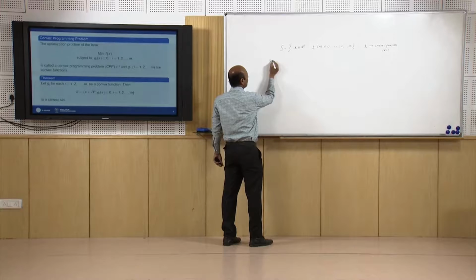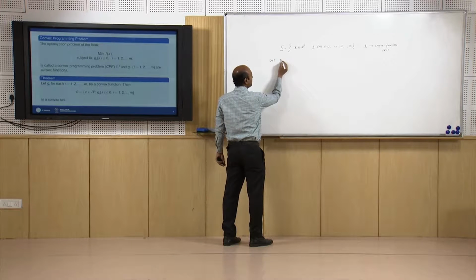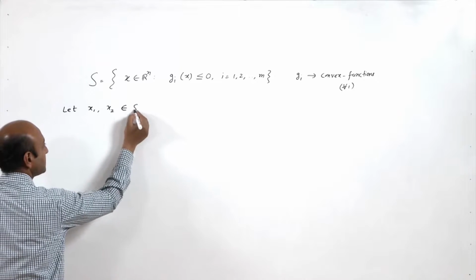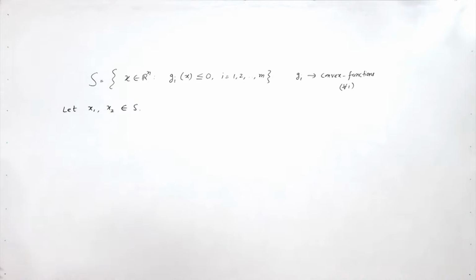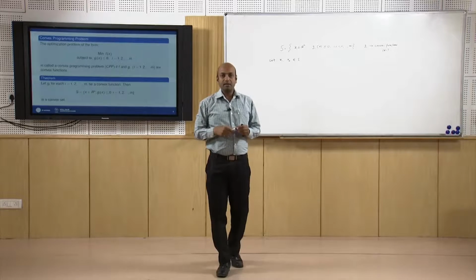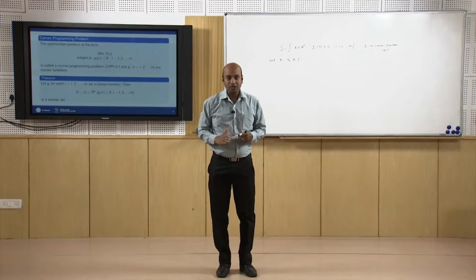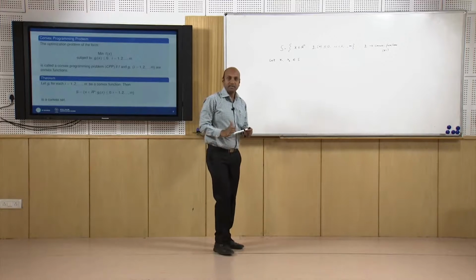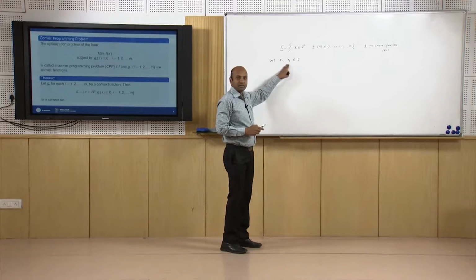In order to prove that it is a convex set, let two arbitrary points x1, x2 be in S. What we have to show is that the convex linear combination of these two arbitrary points is also in S. Then we can say that this set is a convex set.